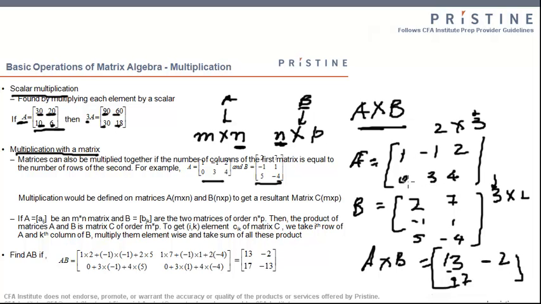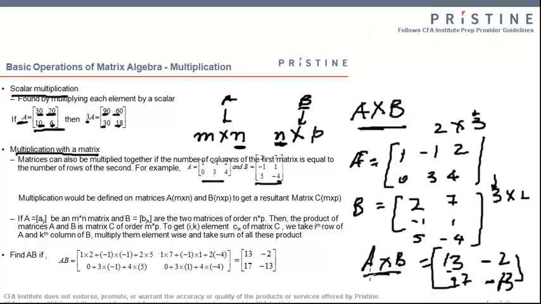Then we multiply second row of A with second column of B to get this element. So it becomes 0 into 7, 0, 3 into 1, 3, and 4 into minus 4, that is minus 16. So this is minus 13.